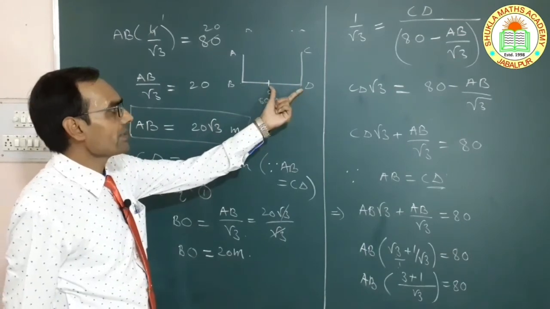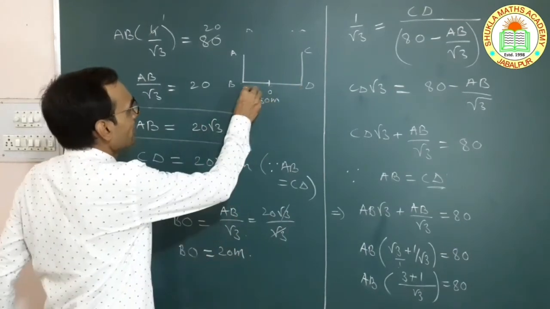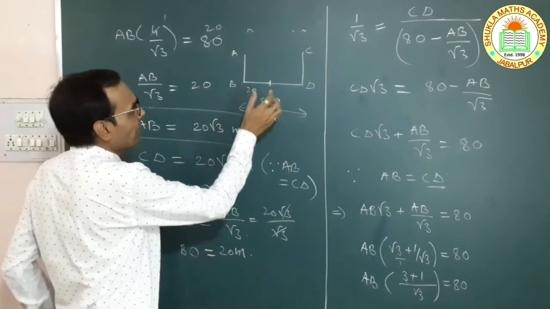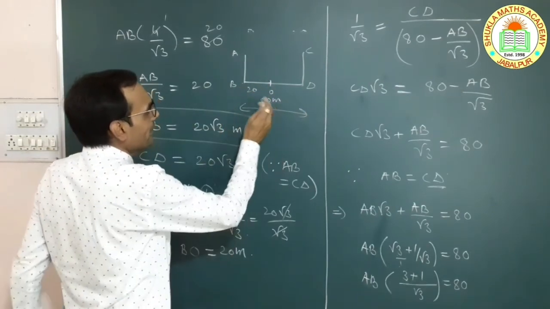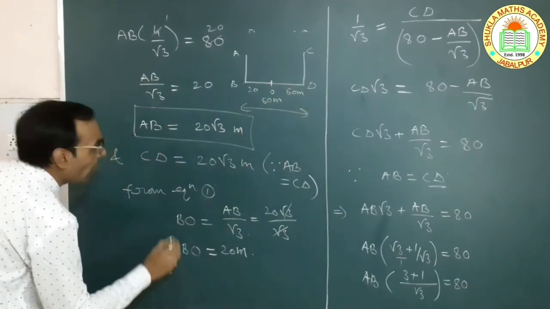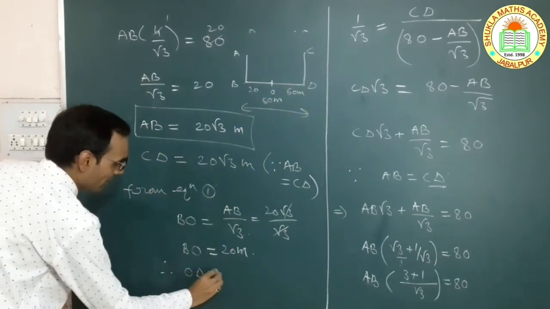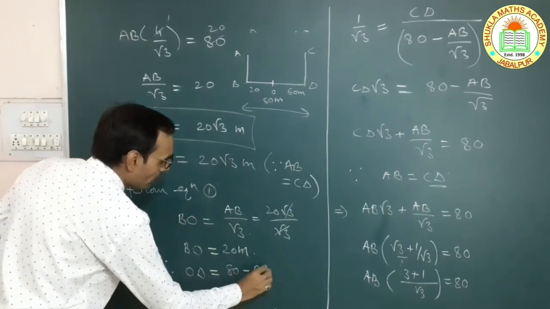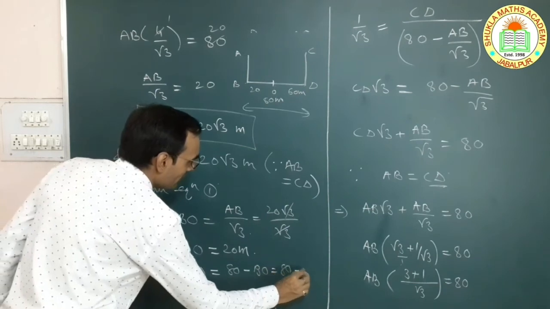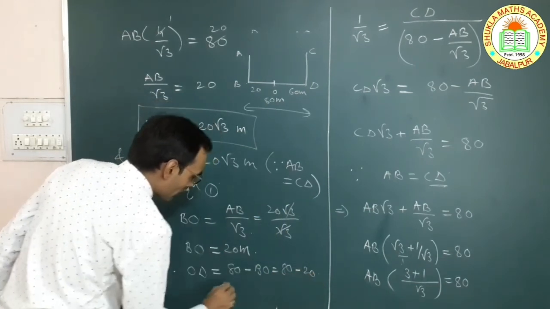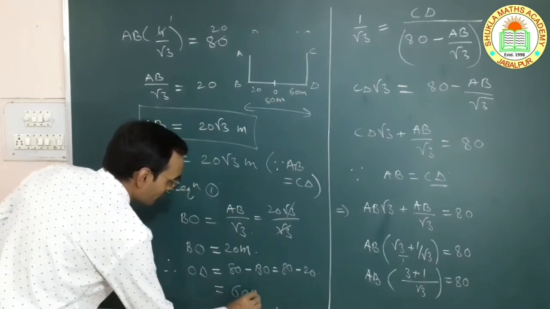So obviously OD is 80 minus 20. If we subtract the value of BO from the whole value 80, we get 80 minus 20, that is 60 meter. Therefore the value of OD is 80 minus BO, that is 80 minus 20, so we get 60 meter.